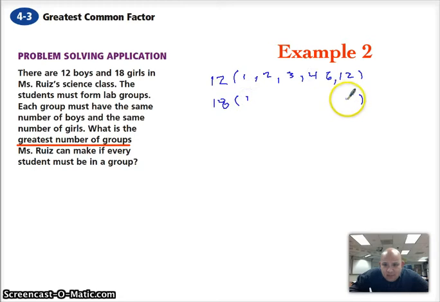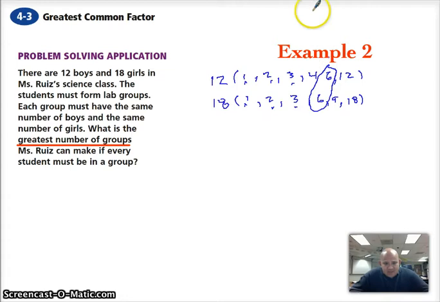And then we have for 18, 1 and 18, 2 and 9, 3 and 6. Well, we have all these factors in common, 1, 2, 3. No 4s. We have the 6s that we have in common. In fact, the 6s are the biggest one. So this actually tells us that we can have 6 groups.